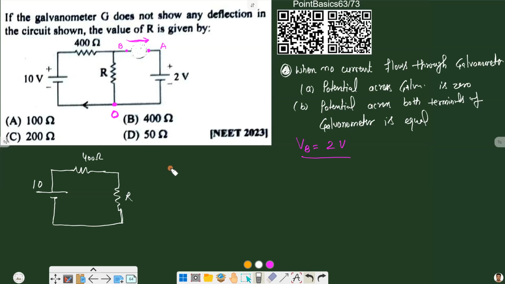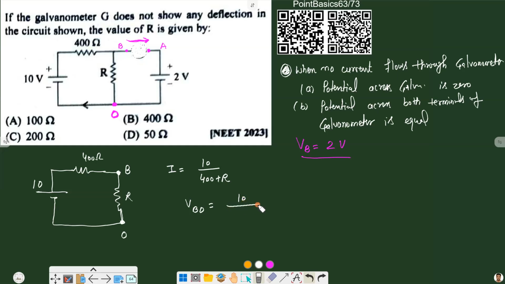Now the current in this circuit, I, is equal to 10 divided by 400 plus R, and for the voltage across this resistance, this is point O, this is point B. So we can say VOB or VBO, the voltage across this resistance, will be the current through this resistance times the value of resistance.